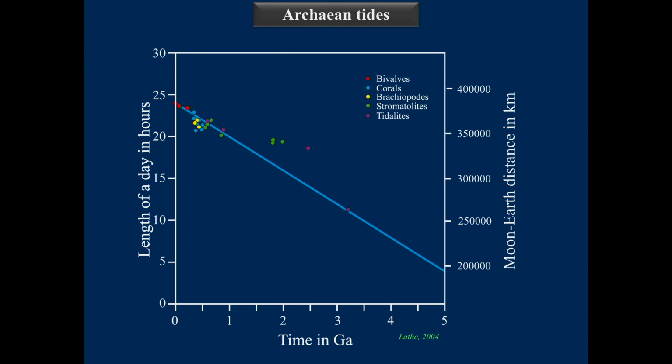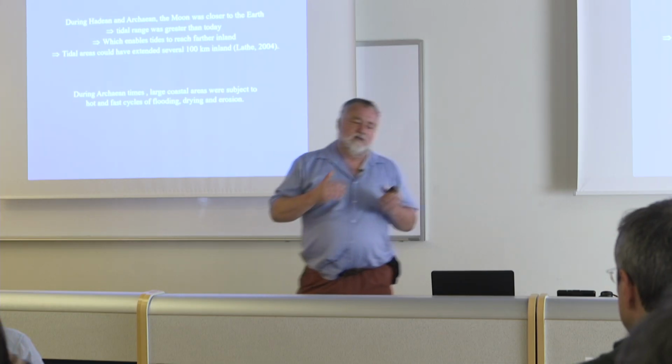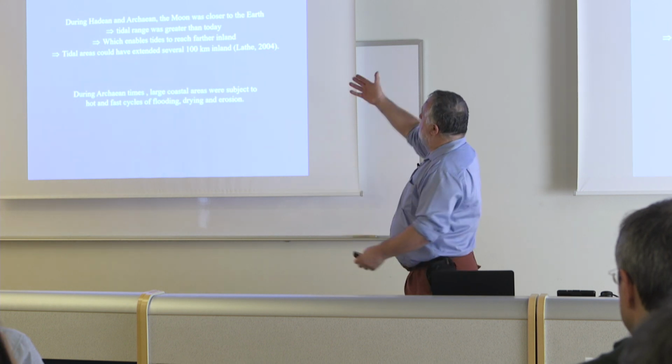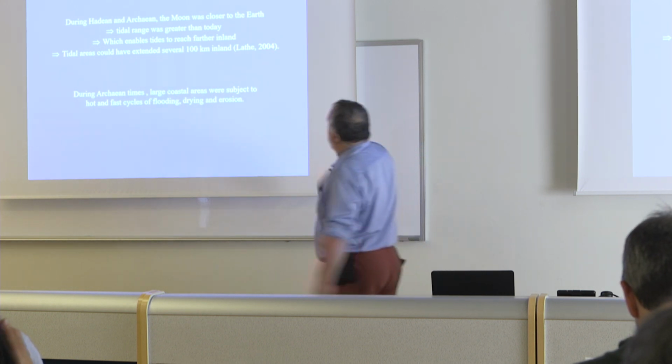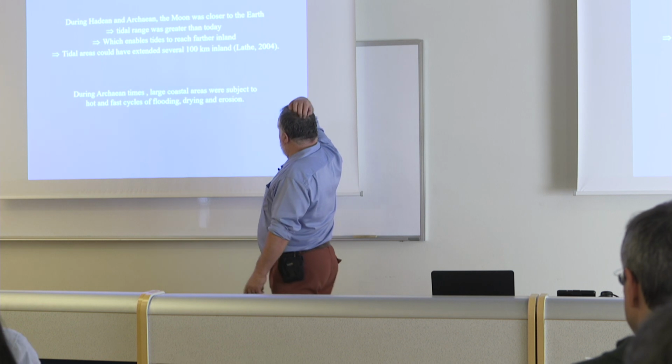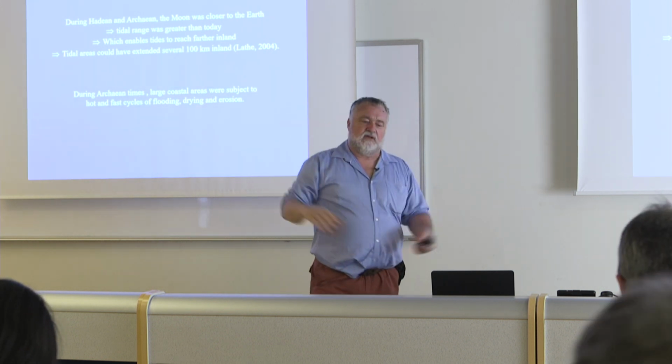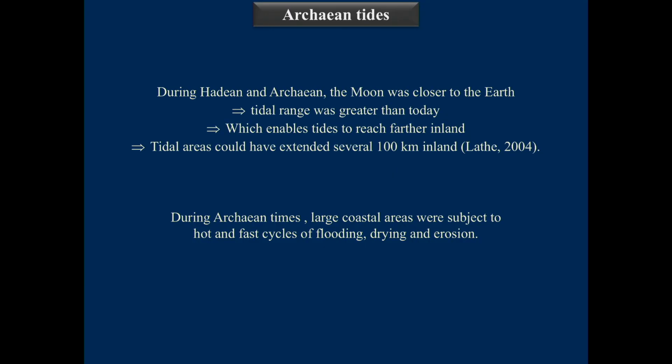And the fact that the moon was closer to the Earth has effects, because the tides were more important than they are today. Some people calculated, maybe 12 years ago, that on a flat land, the sea, due to tides, can penetrate into the land over a distance of about 100 kilometers.